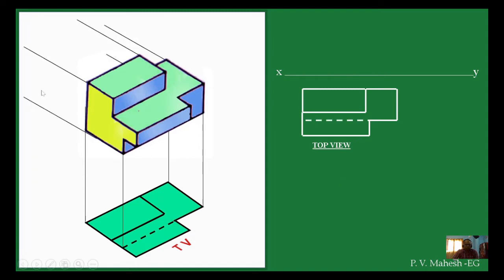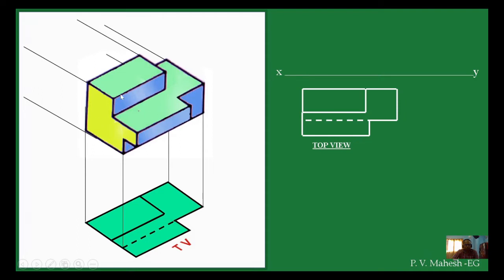Now we'll see the front view. In the front view, we will see height and length. So all these blue color portions will be visible. In the question, you can give some shading so that it is easy.